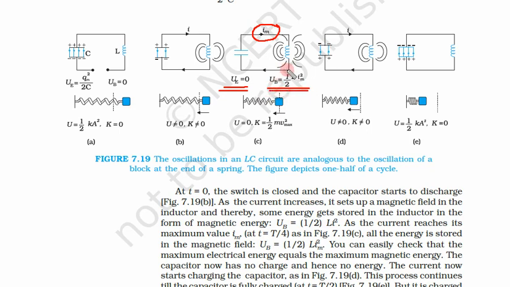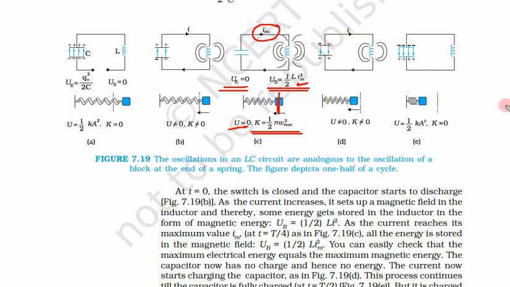That means UB is equal to half L Im square, where Im is the maximum current. If we compare this with the mechanical oscillator, when it reaches the center point, the mean position, potential energy again becomes 0. All the energy is now converted into kinetic energy and velocity is maximum.